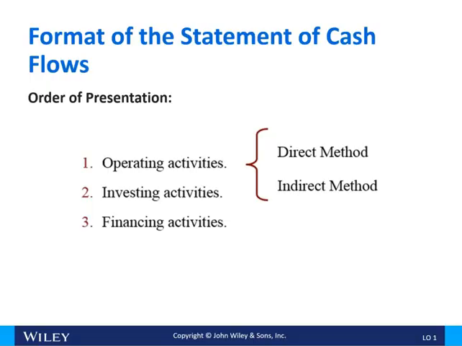Again, the order of presentation on the cash flow statement: operating activities are first, then investing, and then financing. Under the operating activities section, there's two methods we can use to generate that section. We can use the direct method and the indirect method. We're going to go through all the examples of the indirect method. It's the most common, and we'll explain a little bit of the differences in a couple slides here.